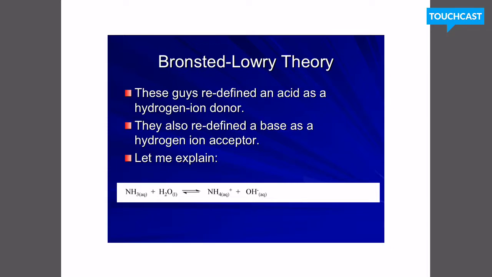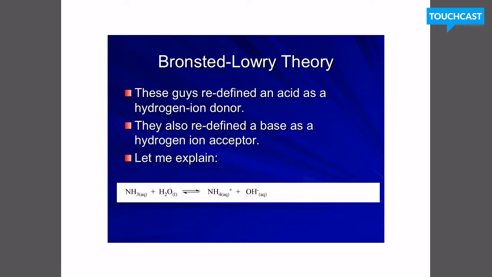Is it an acid or is it not? But ammonia, when it's tested with certain indicators or pH paper, you'll always get blue. And remember what blue means. Blue means base. And so these guys had to come up with a new definition for an acid and base. They redefined it. They said an acid is a hydrogen ion donor and a base is a hydrogen ion acceptor.